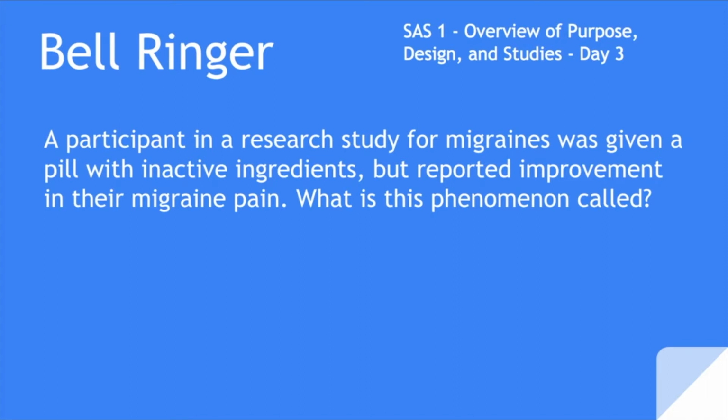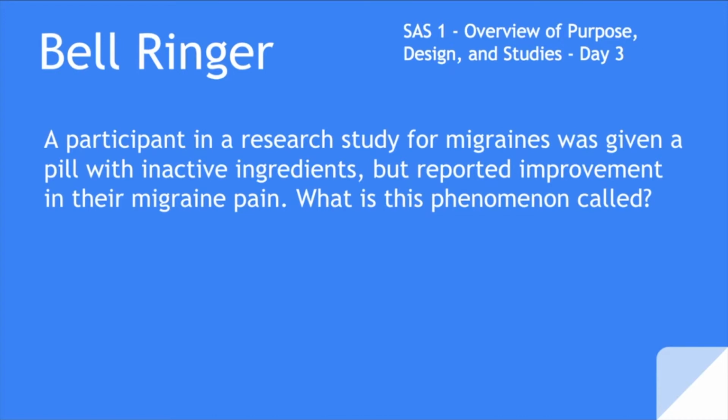If they're doing a research study and you have part of the group that's getting some kind of medicine that has active ingredients, that's the treatment group. The other group is getting some kind of pill that has just inactive ingredients, and that pill is called a placebo.